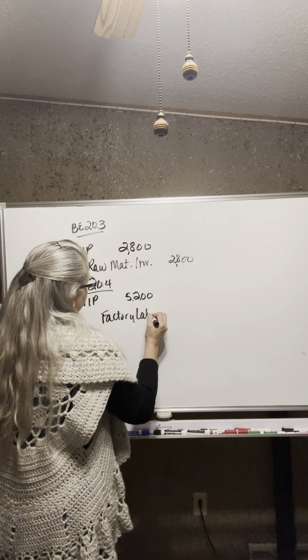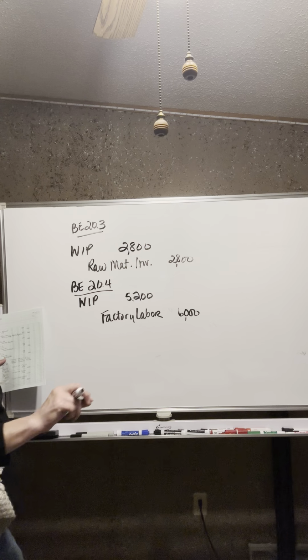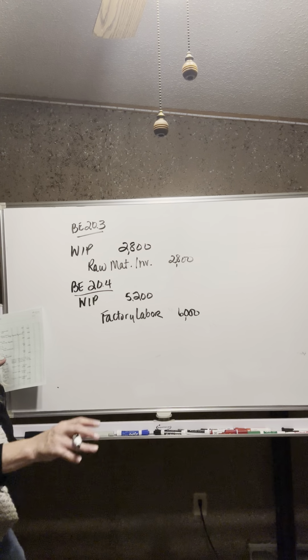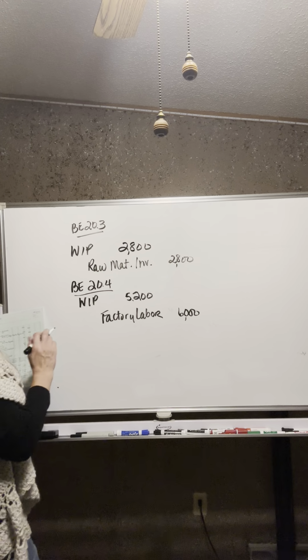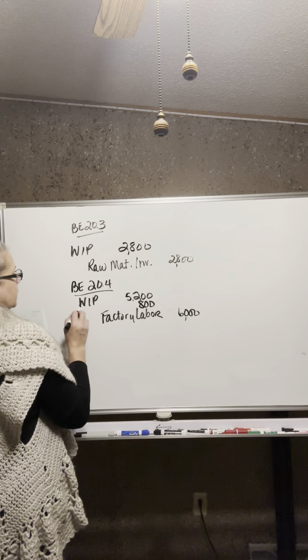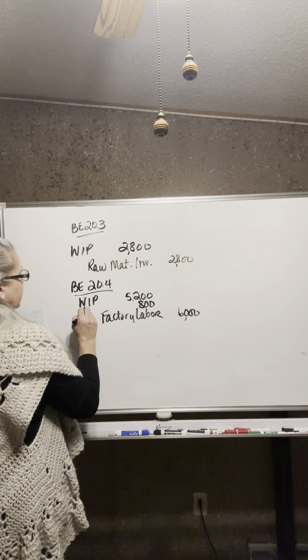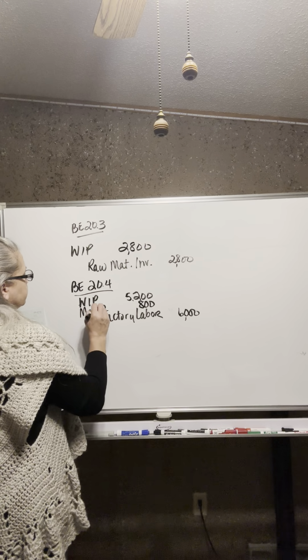The difference was those people that were out general factory working, like pushing the broom or servicing the machines. That total came to 800. If it's not direct, it would be indirect. And indirect goes to manufacturing overhead. So now we have officially gotten rid of the 6,000 that we set up earlier, and we can distinguish how much was direct and how much was indirect.